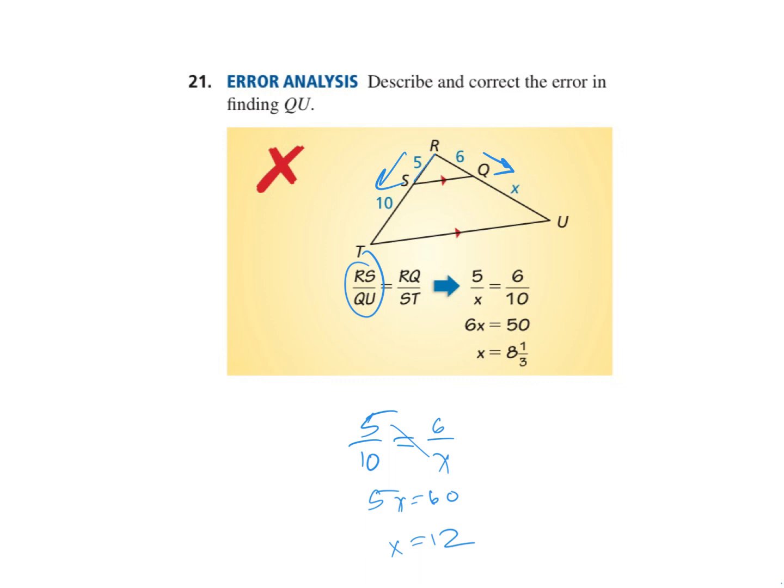So they did 5 is to, that's just crazy. So 5 is to x. That's what they did here. And it should be 10. And then RQ is to ST. So they crisscrossed everything. And that's not how you're supposed to do it. So they just did it in the wrong order.